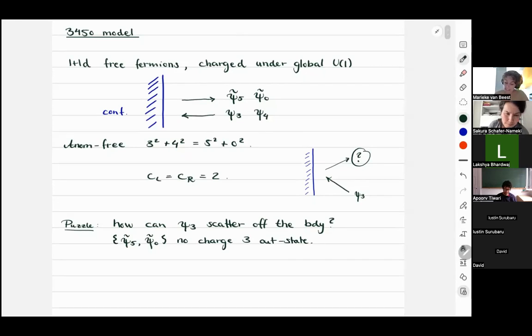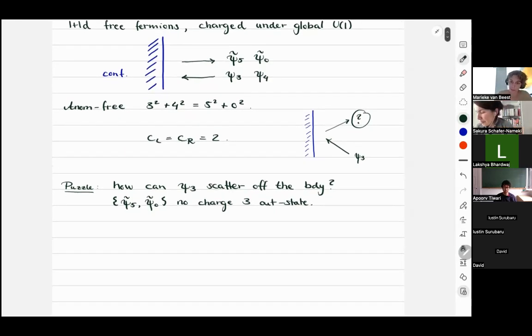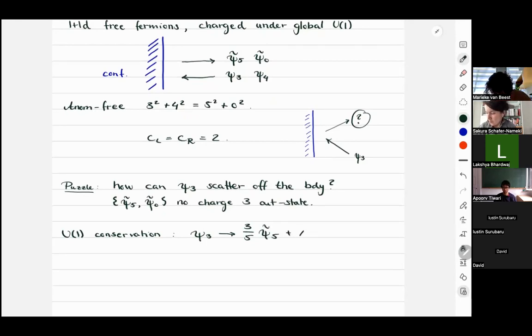Now, if I insist, regardless, on this U(1) conservation, that tells me that if I throw in the charge 3, I would have to get out something like 3/5 of the charge 5 fermion plus whichever number of the fermion that's uncharged, not fixed by this symmetry. But what does this mean, right?